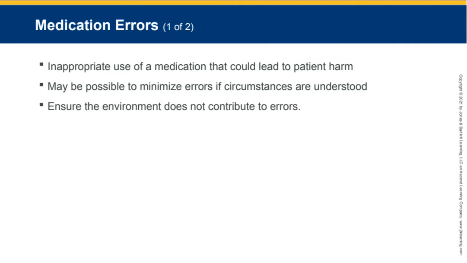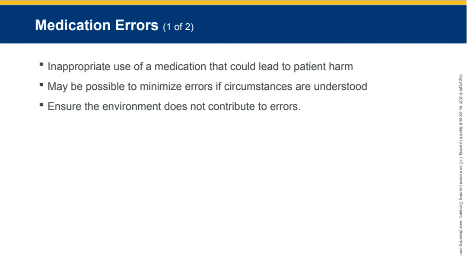And you need to organize the scene, your equipment, everything, in a very orderly fashion so that you know exactly what is where. Limit distractions as much as possible. Now, I do understand the scene can be very chaotic, especially in the Jamaican setting, but try as much as possible to concentrate on what you're doing, especially when you're administering a medication.